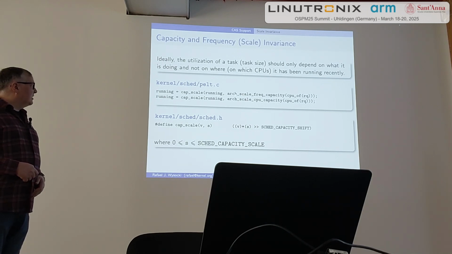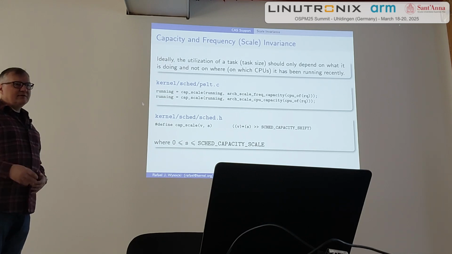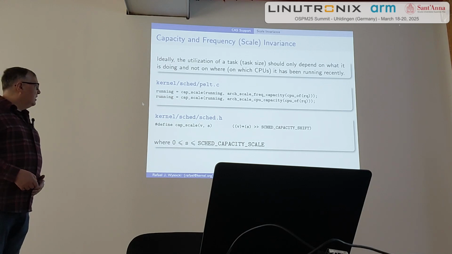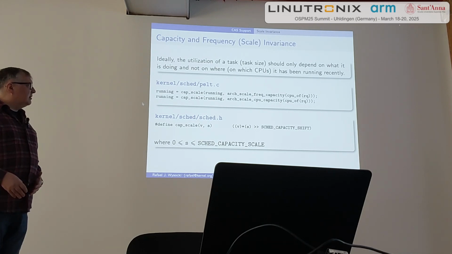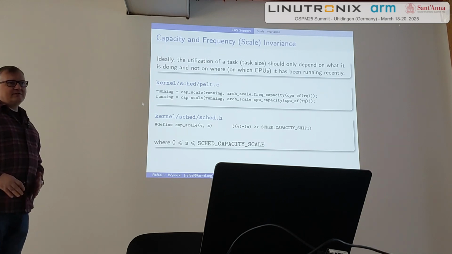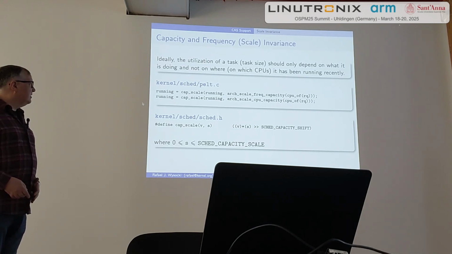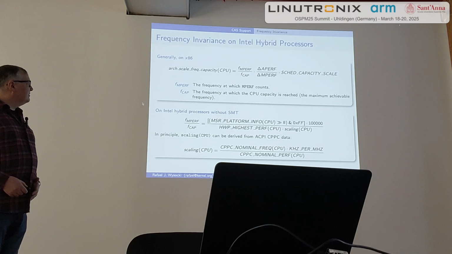We first scale the utilization to the maximum frequency of the given CPU, and then scale the capacity of that CPU to the maximum capacity in the system. Those 2 functions are expected to return values from 0 to SCHED_CAPACITY_SCALE. And if you run on the fastest CPU at the maximum frequency, then there's no scaling. That's how it works.